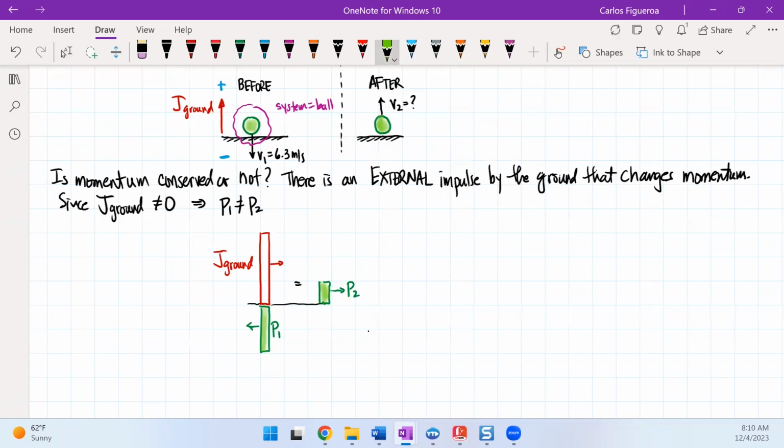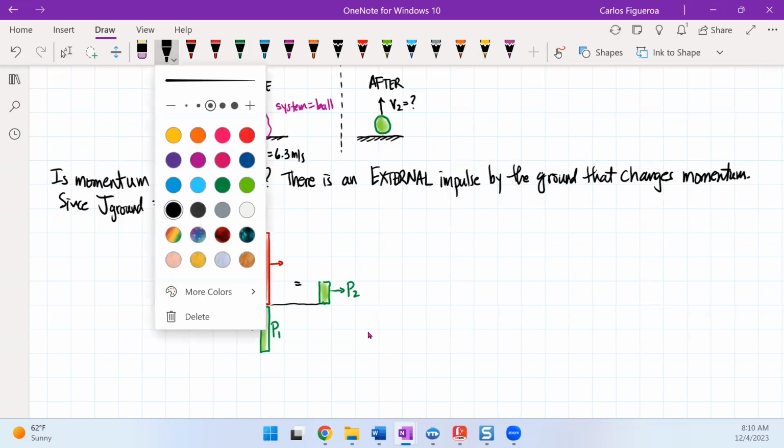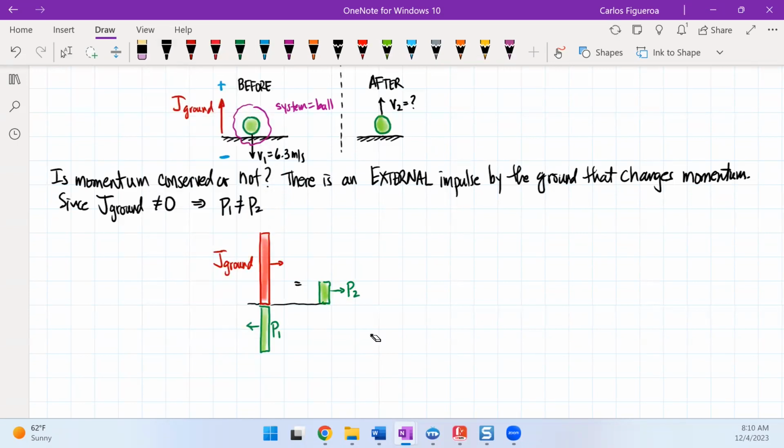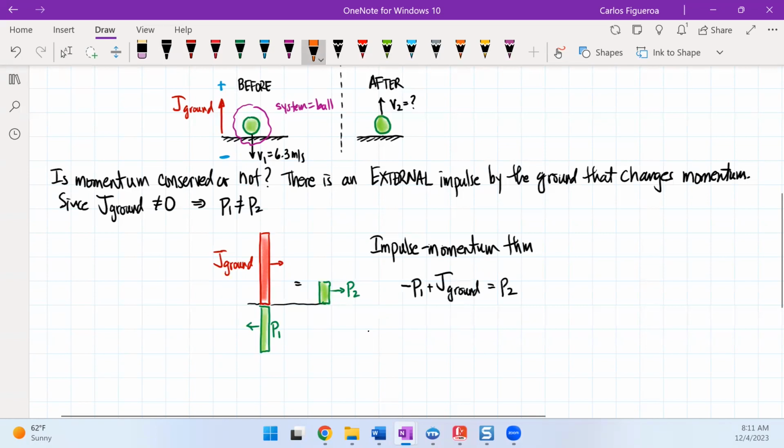So from my picture of the bar diagram, it tells us here that the impulse momentum theorem then shows that this is going to be minus P1 plus J of the ground has to equal P2. And that's how it changed the momentum of the ball.